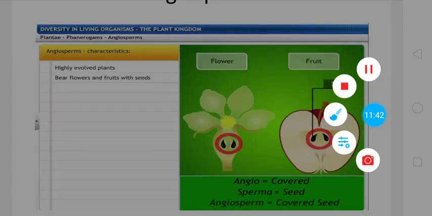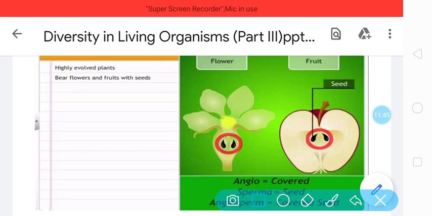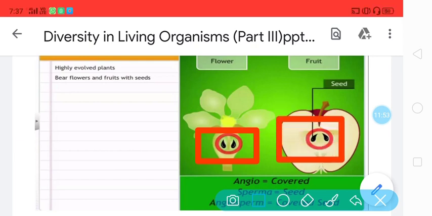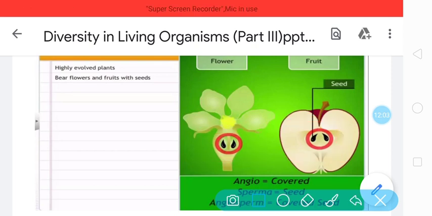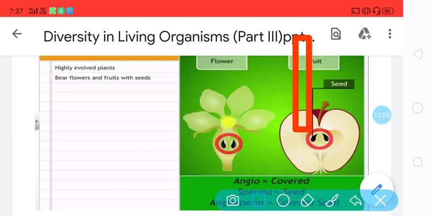I can show you, just a minute. So this is an ovary, okay, and in this ovary, whatever black color parts are shown, they are seeds, and actually these are ovules, and these ovules further get converted into seeds.